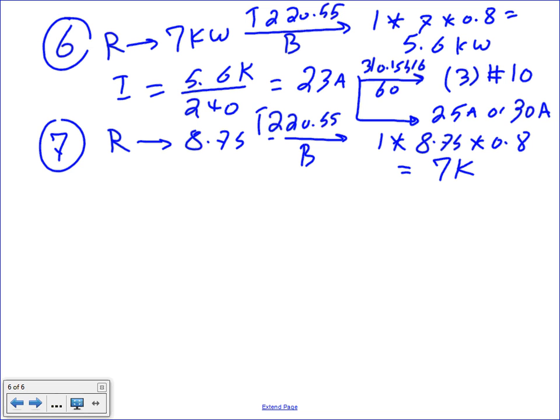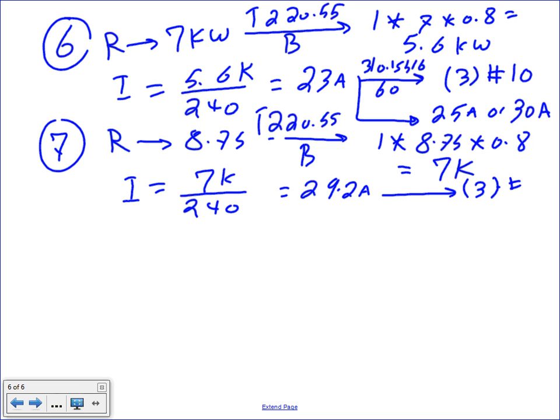If you take the I to 7K divided by 240, what do you get? 7 divided by 240, close to 29.2 amps. Then take this one to the right table, which we have been using. That will get you 3 conductors, number 10. And what's the overcurrent protection device? The same thing, 30 amps.